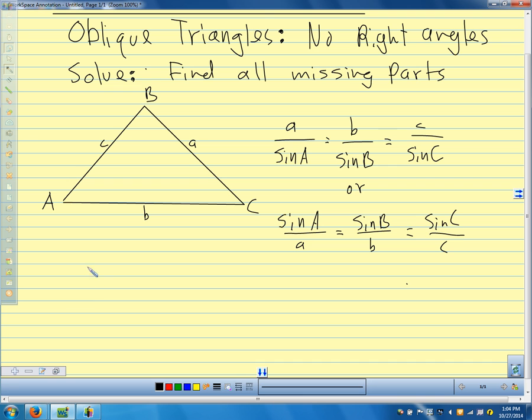All right, and we're going to use law of sines. You notice that in order to use one of these equations, we either need two angles and one side, or two sides and one angle.